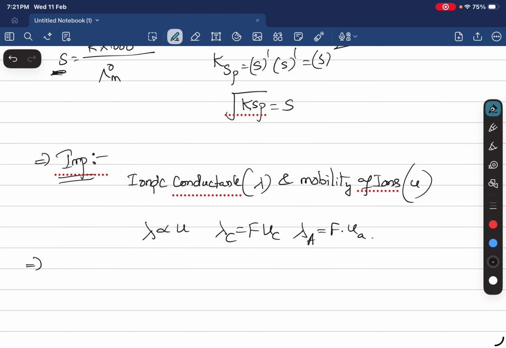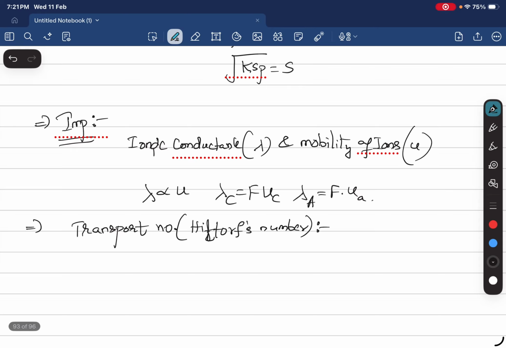And similarly, one more: transport number, because these two decide molar conductivity of the electrolyte at infinite dilution. Transport number we can also call Hittorf's number. What this explains is that the current flowing through an electrolytic solution is carried by ions, either cations or anions.